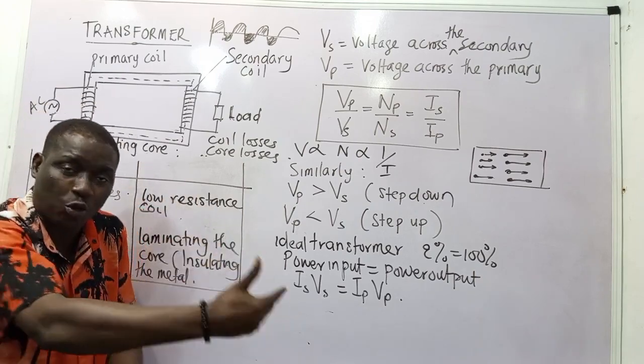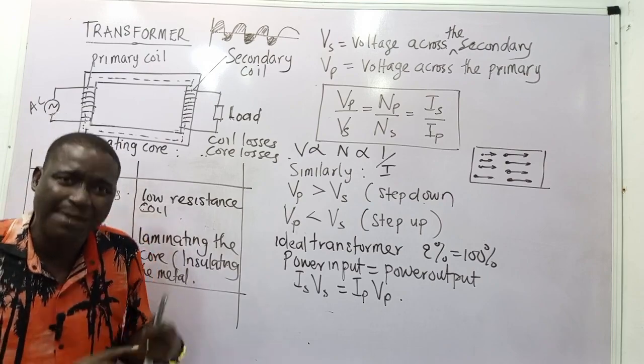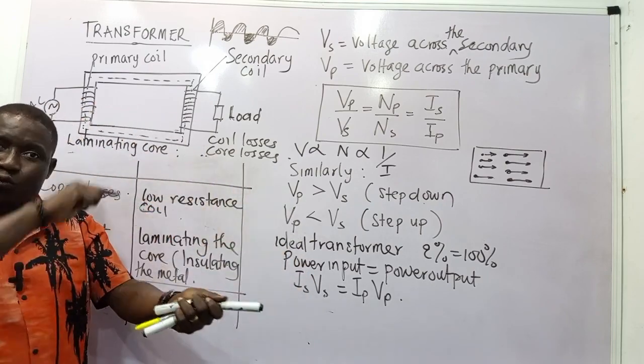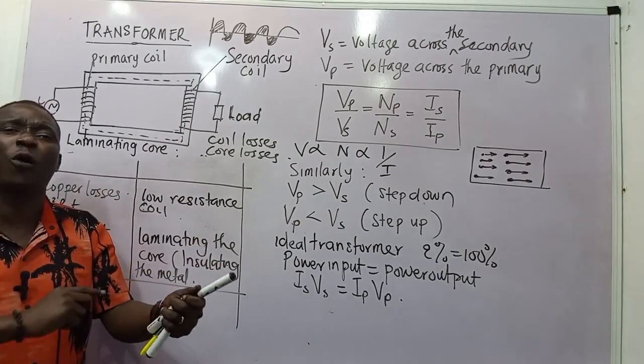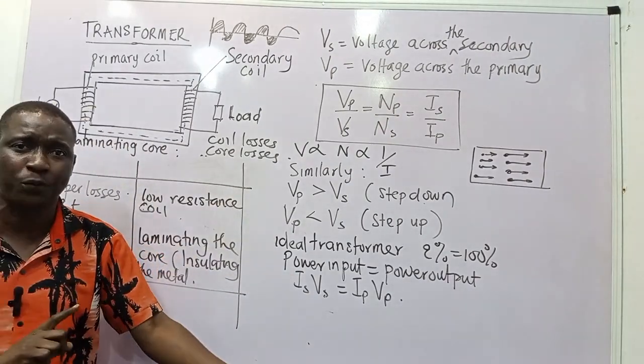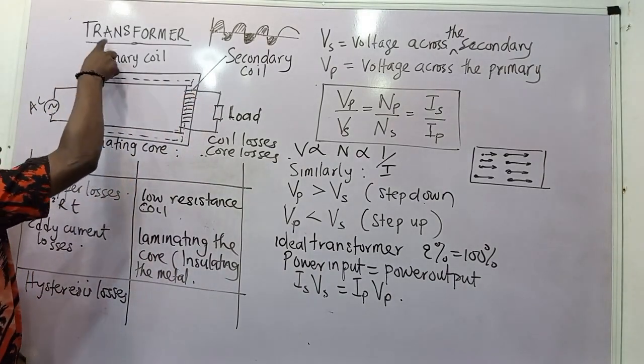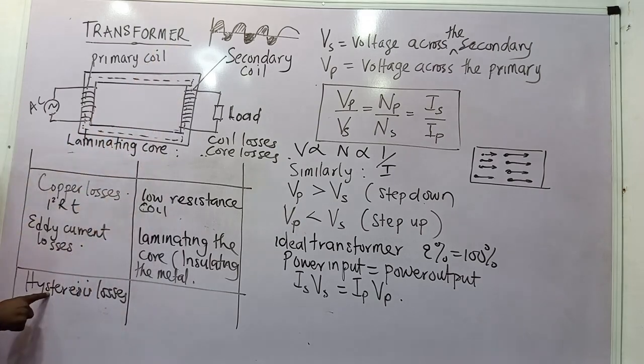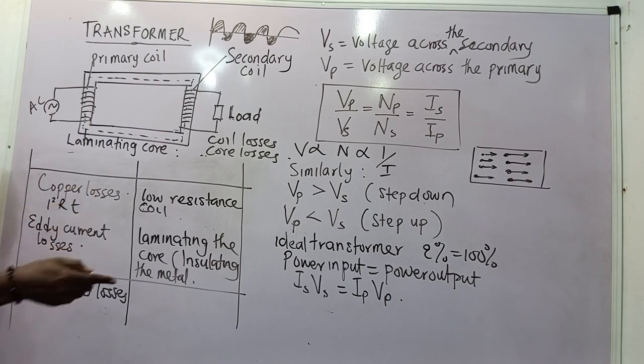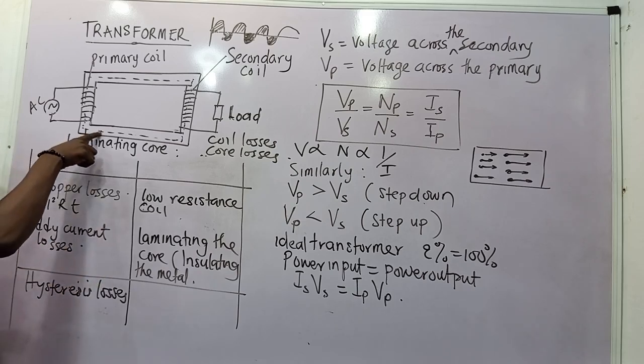This realignment of the magnetic molecules in a magnetic domain, occurring as a result of magnetization and demagnetization in an AC source in a transformer, is what leads to hysteresis losses. Those magnetizations and demagnetizations bring about friction in the core.